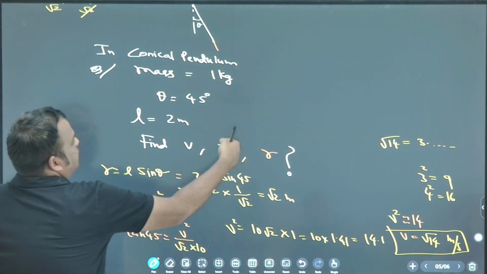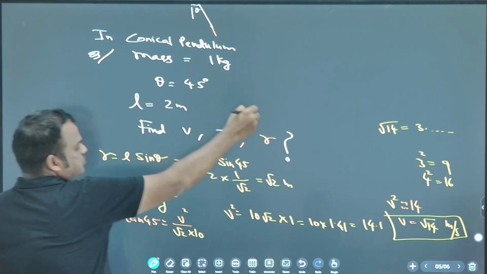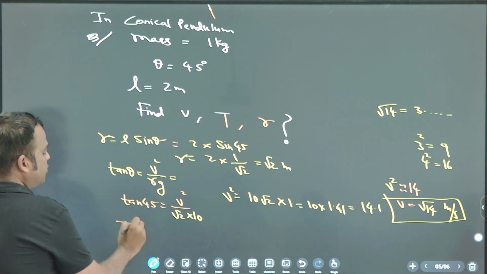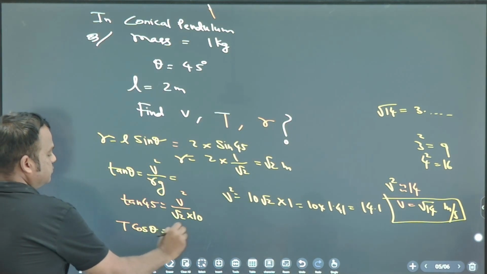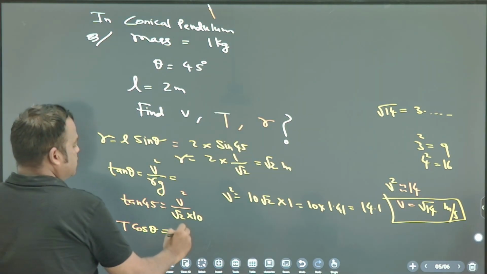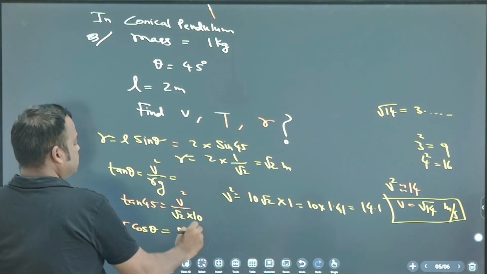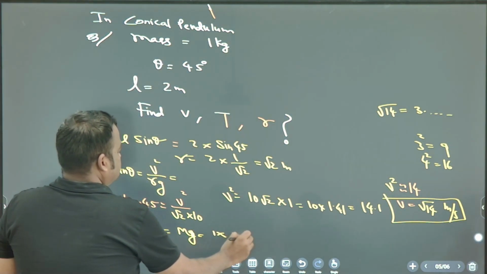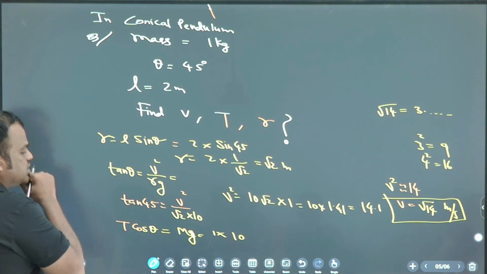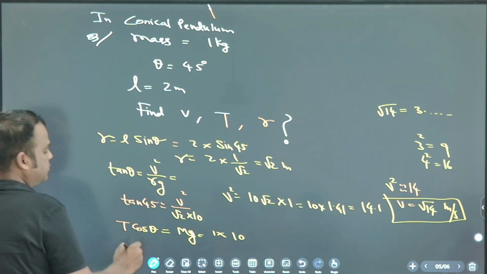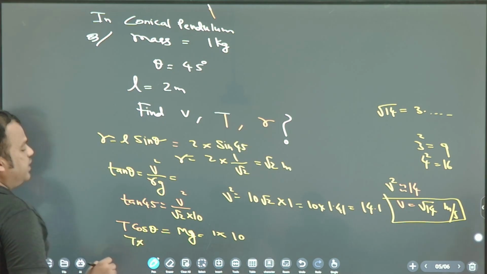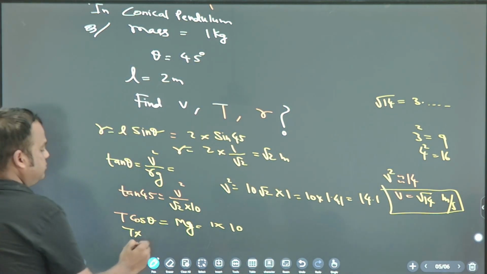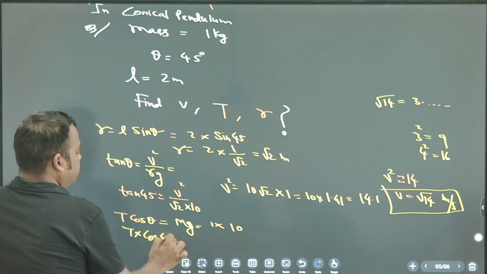Okay, fine. Now tension, how to get tension? Tell me. What is T cos theta? T cos theta is mg. Mass is given, g is 10. So mg means 1 into 10. And cos 45, theta is 45, again 1 by root 2.